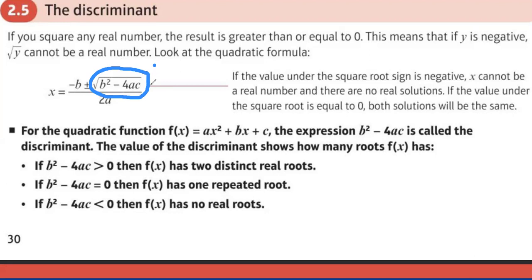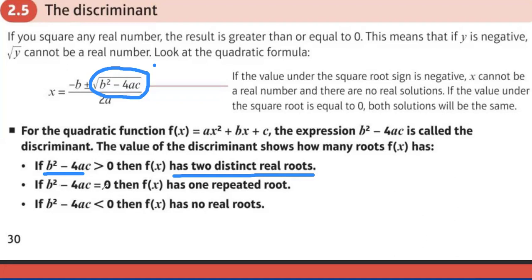If it is negative, we can't find real roots. Therefore, b square minus 4ac must be positive. Then we can write this function has two distinct real roots, two different real roots.